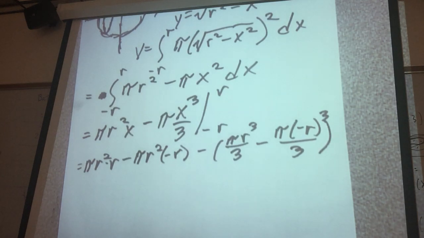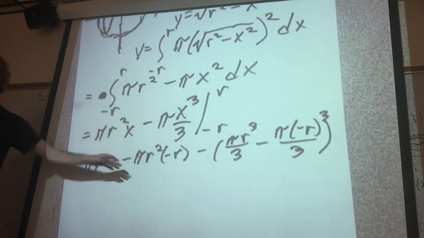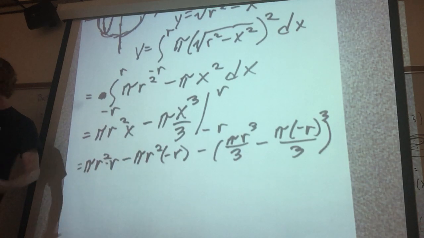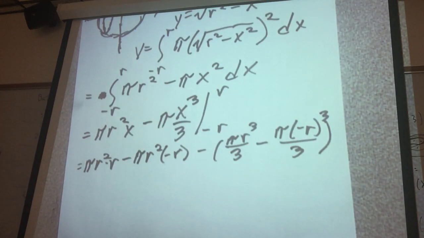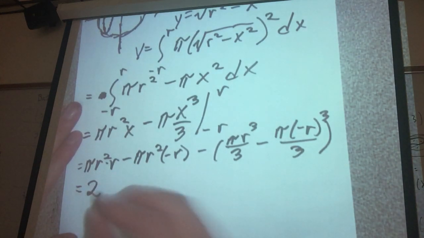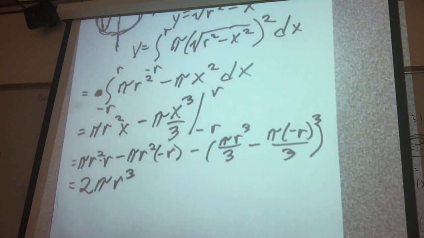Okay. Now, within this problem, this is pi r cubed, and this is minus, and that's minus, so they end up switching and this one becomes positive, okay? So, since this one becomes positive, two pi r cubed, okay?